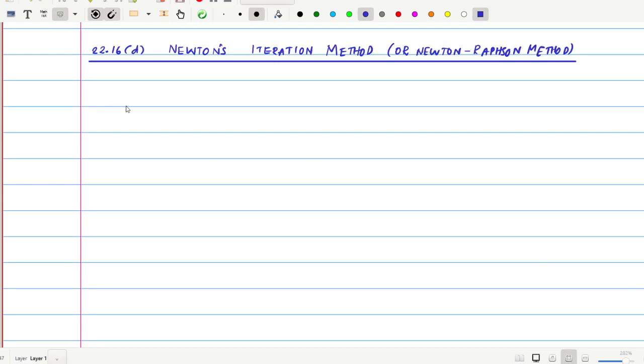Now we continue discussing the methods for finding the solutions of algebraic and transcendental equations. In the last class we discussed iteration methods. This is its consequence, called Newton's iteration method or the Newton-Raphson method. If you take the first approximation x0 as the approximate root, that means if you have a real root alpha between some a and b, you can take one of these values as the initial approximation.